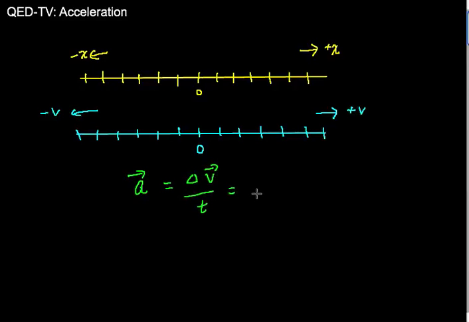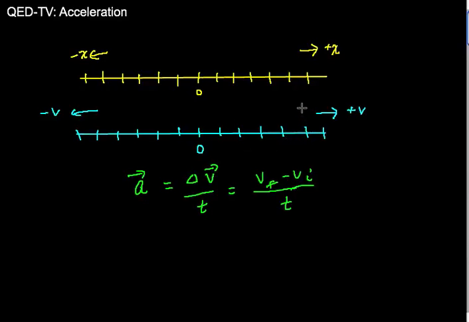And if you remember, the change in velocity was change in position over time. So I'm going to end up with change in velocity. I'm going to have like a VF, a final velocity, minus a starting velocity over time. And so I could put some places here on my new graph here.